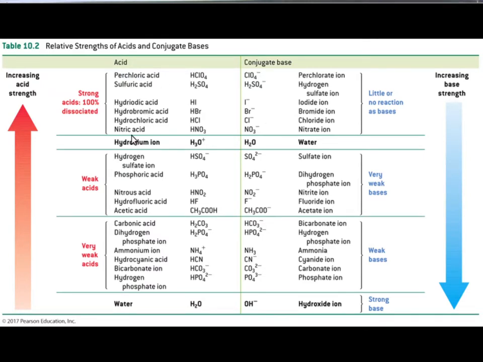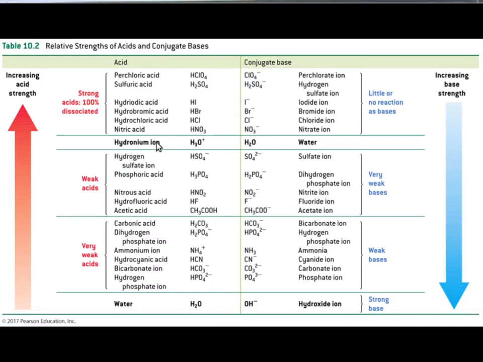For these 6 strong acids, because the acids are strong, that means that their conjugate bases are so weak that they're really not bases at all. This table says little or no reaction as bases. So the conjugate to a strong acid is technically a conjugate base, but it's really a base in name only, and it will not have any basic reactivity.